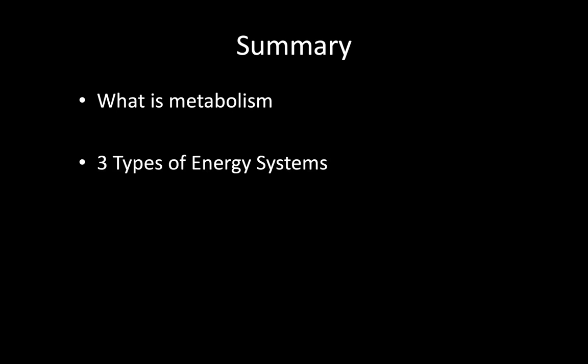We briefly discussed the 3 types of energy systems. Again, the first one is the phosphagen system. The second is the glycolytic system. And remember that the phosphagen and the glycolytic systems are considered anaerobic processes. And these are processes that do not utilize oxygen to create adenosine triphosphate.